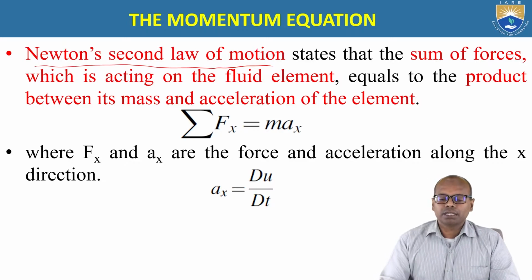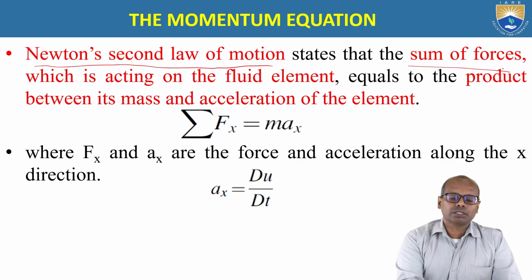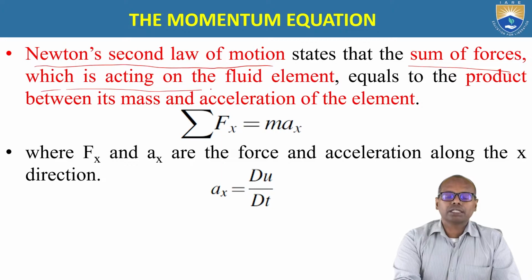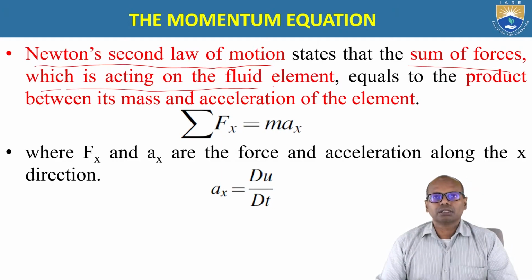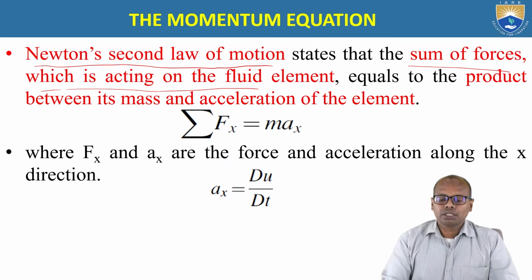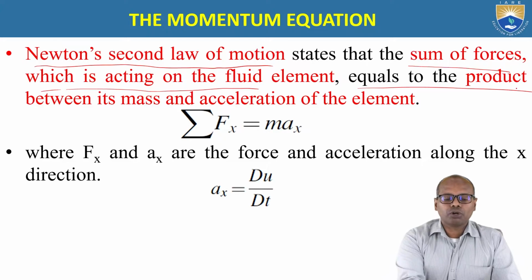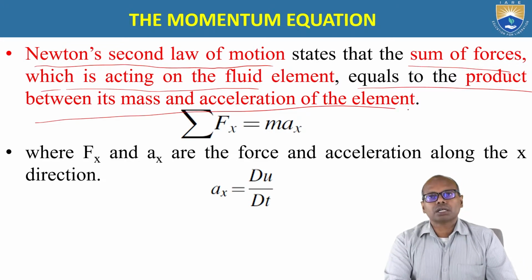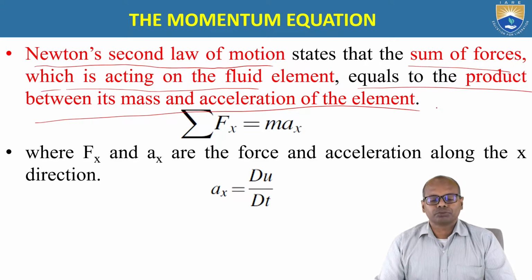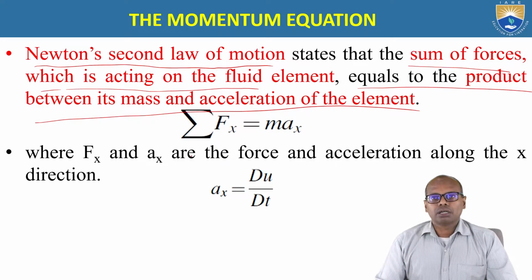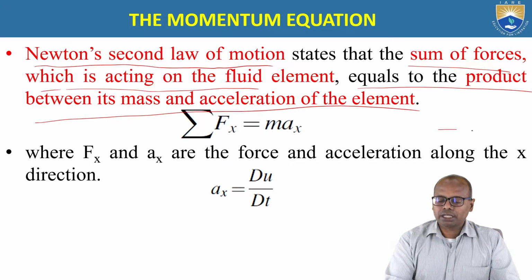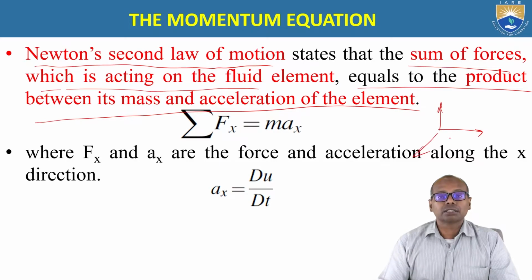It states that the sum of forces acting on the fluid element, the vectorial sum, is equal to the product of mass and acceleration of the element. You have three directions: x-axis, y-axis, and z-axis.